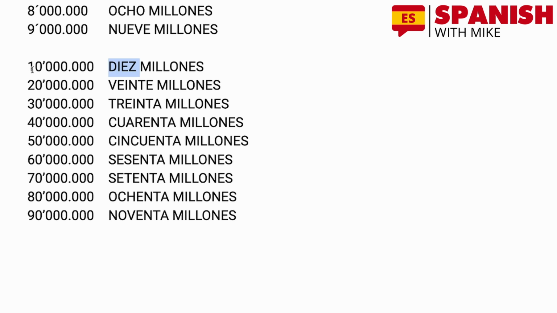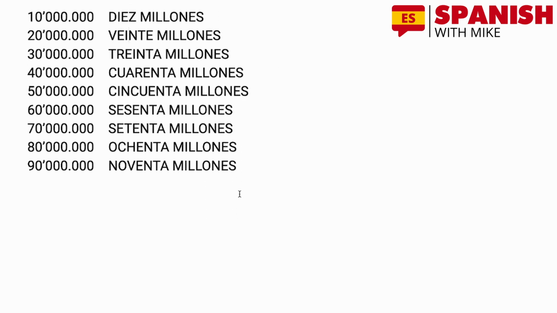So if we have 10 million, we say 10 millones. 20 millones, 30 millones, 40 millones, 50 millones, 60 millones, 70 millones, 80 millones, 90 millones.